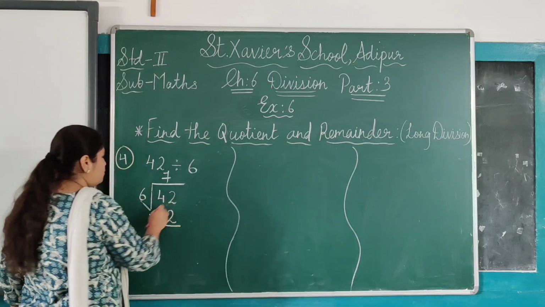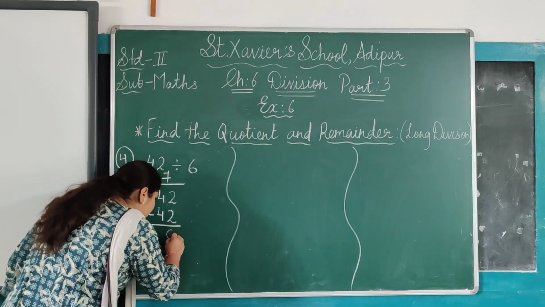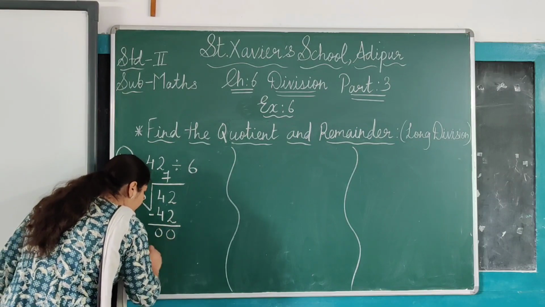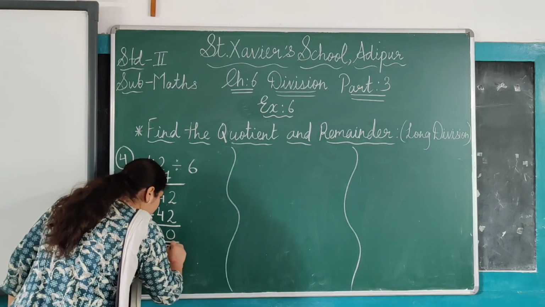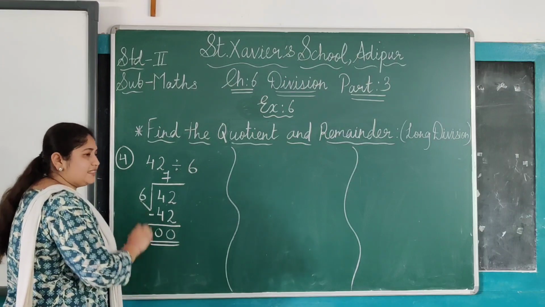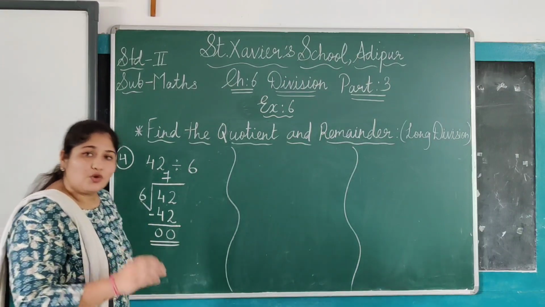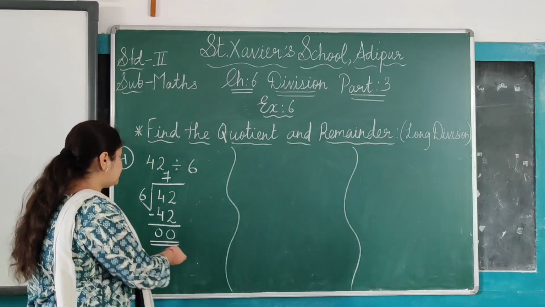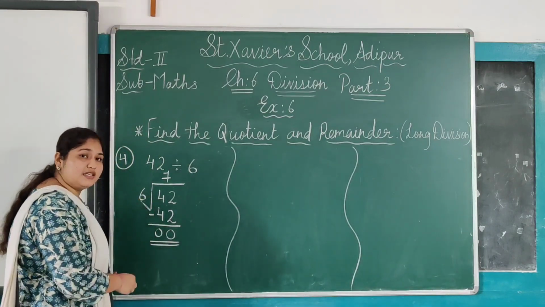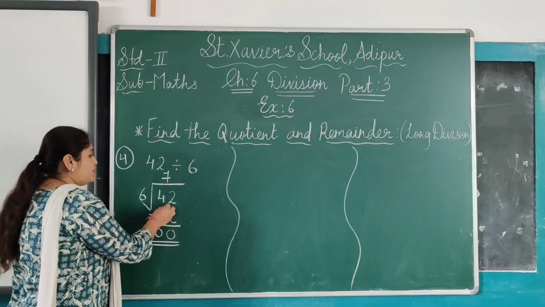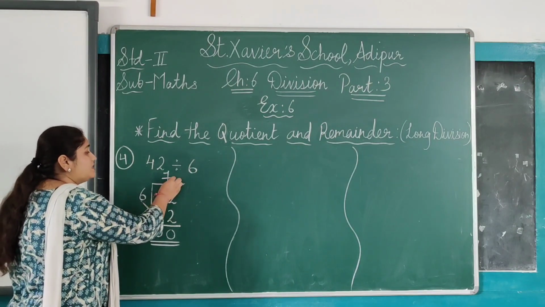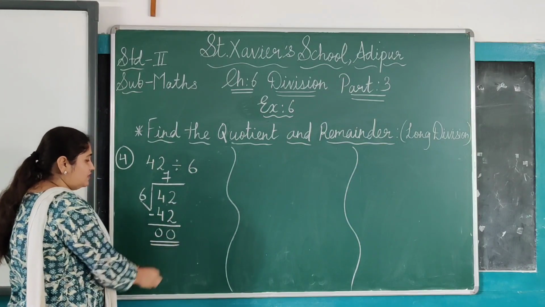Okay. So 2 minus 2 is 0. 4 minus 4 is 0. Right? See, students, in this exercise, remainder 0 भी आएगा और remainder 0 के अलावा भी आएगा. Okay, so in this sum, our remainder is 0. Right? So जब हमने 42 को 6 से divide किया, so quotient क्या आया? 7 and remainder क्या आया? 0.